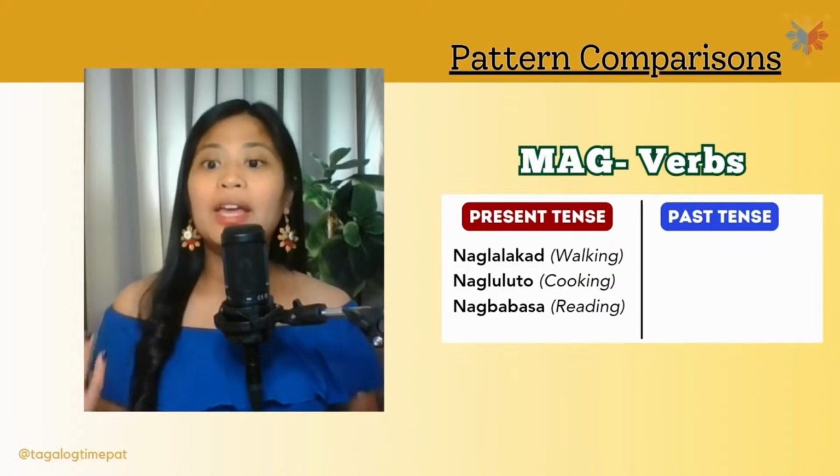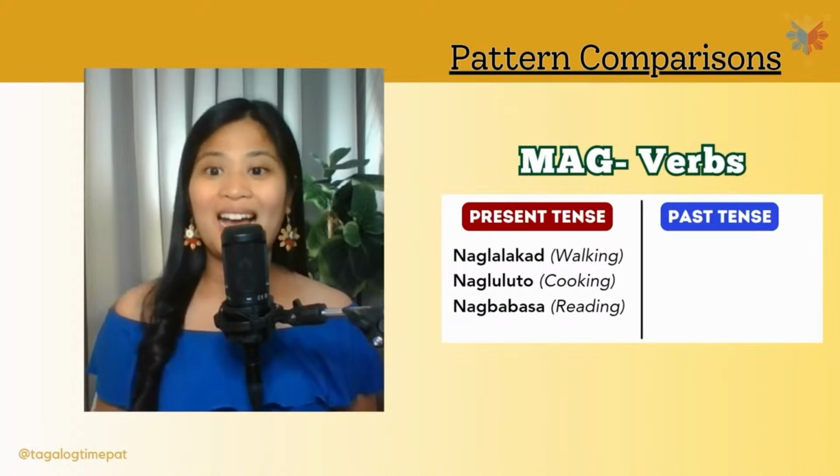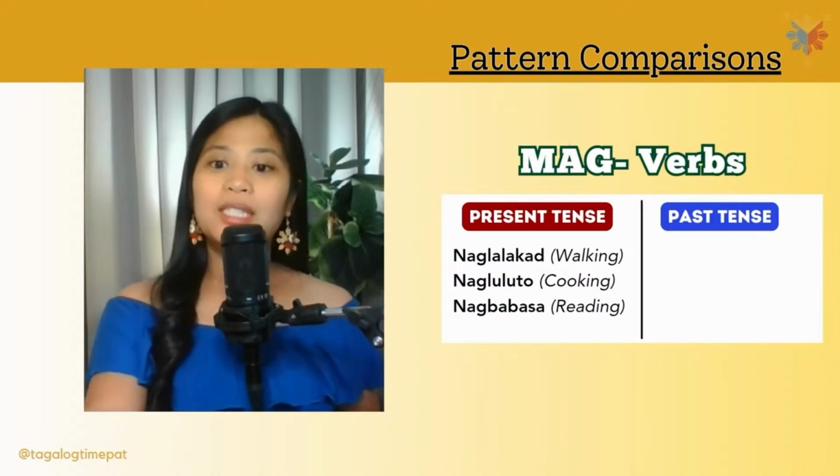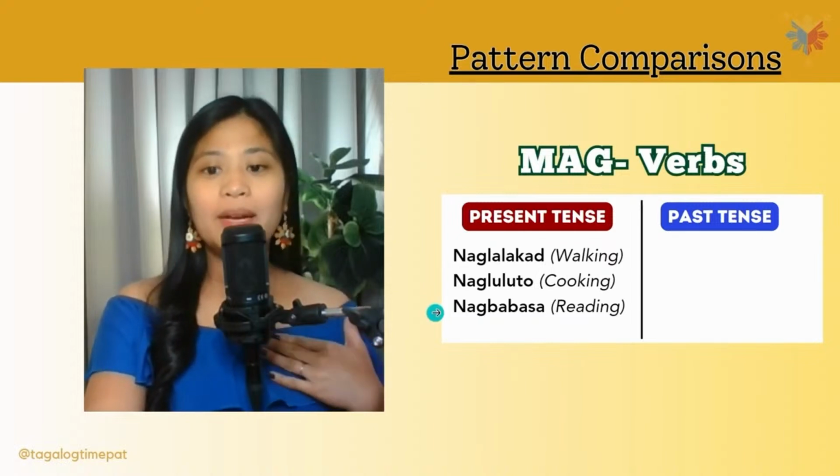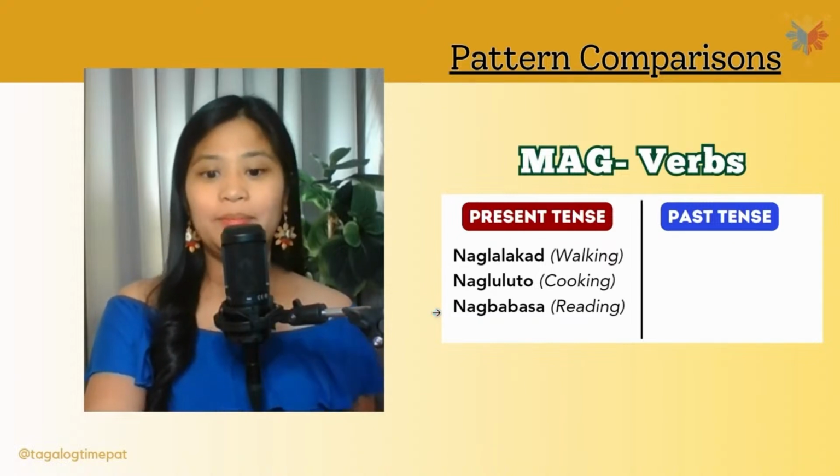Naglalakad ako, I am walking. The present tense conjugation of to cook is nagluluto. Nagluluto ako, I am cooking. Then in the present tense, magbasa is nagbabasa. That means reading. Nagbabasa ako, I am reading.